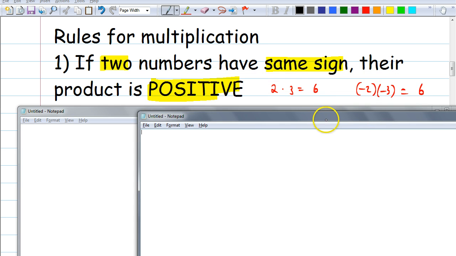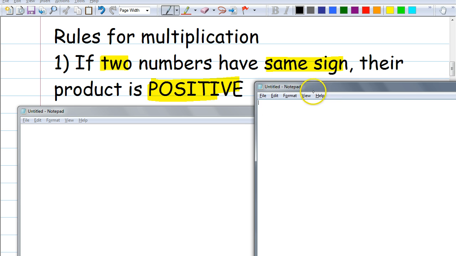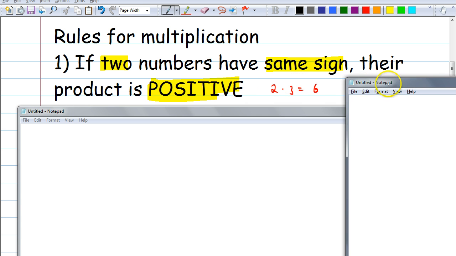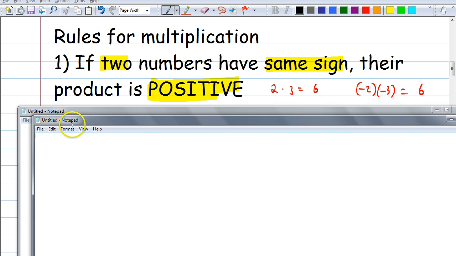We say, notice when they have same sign, right? If two numbers have same sign, in other words, they could both be positive, like this, or they could both be negative. The product is going to be positive. That's the first rule for multiplication. So if two numbers have same sign, meaning they're both positive or both negative, their product is positive. That's first rule for multiplication.